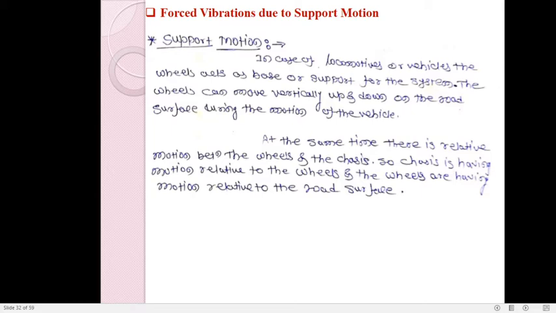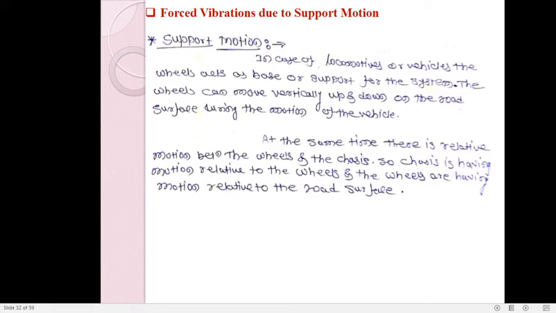But when these wheels move over the road surface, because of the road irregularity or road bumps, we can say these wheels again get an exciting force, and they are giving the displacement to the body. And whatever the displacement we have to calculate, that displacement might be a summation, sometimes a subtraction, of the displacement given to the wheels.